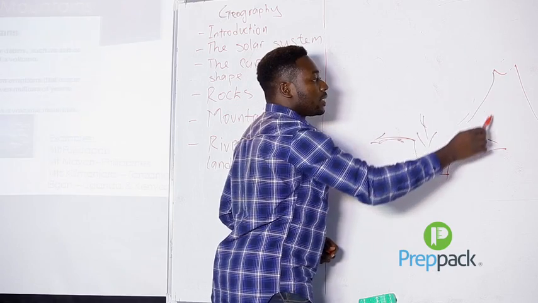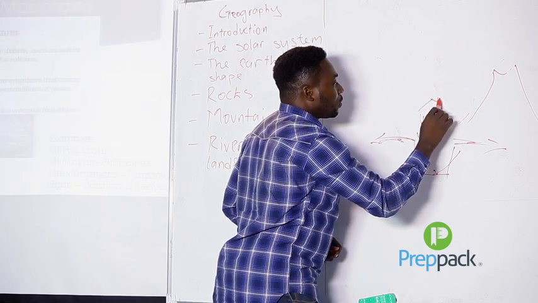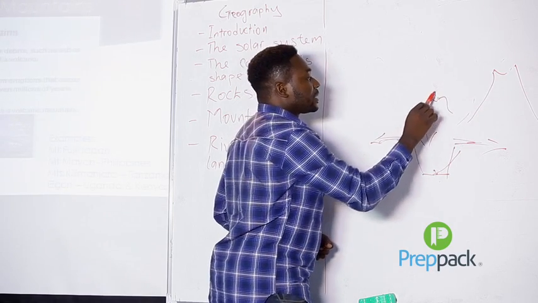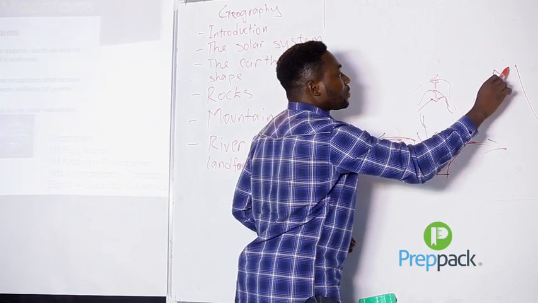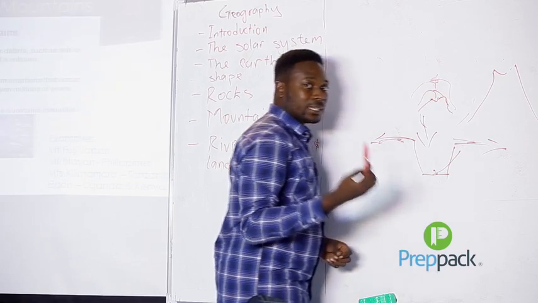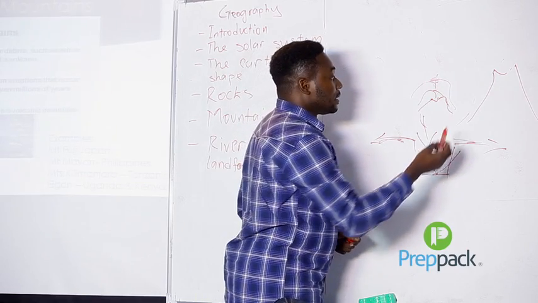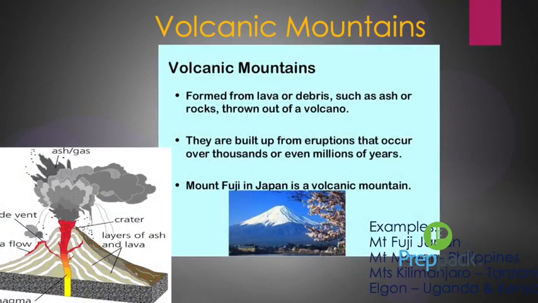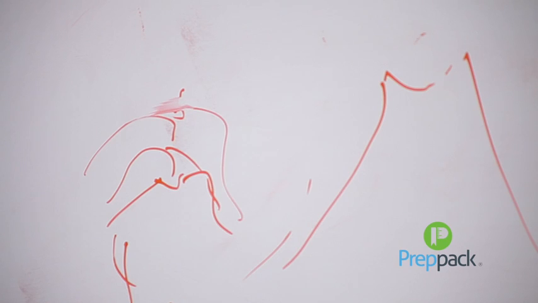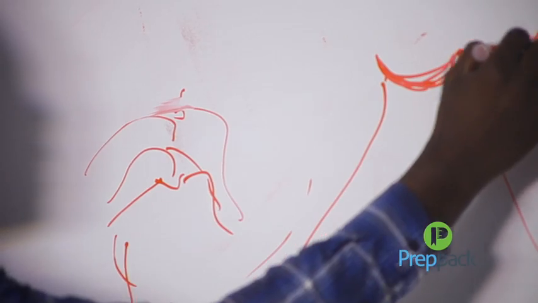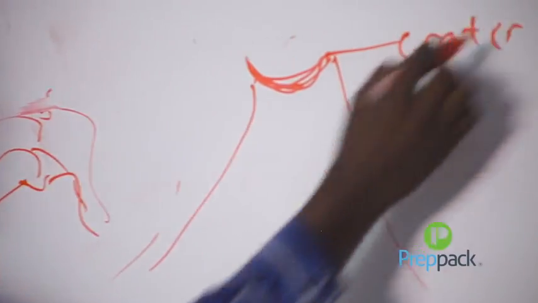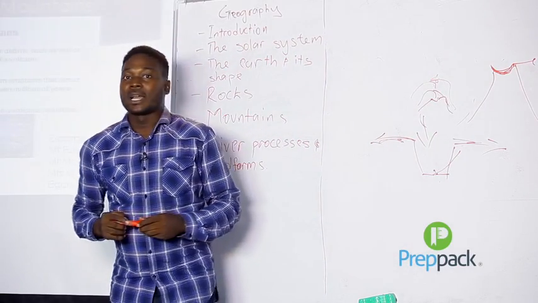In the long run, from maybe this point when it was just a little, it keeps increasing and increasing, and at the end of the day, we have something as high as a mountain. This is what we call the volcanic mountain. This part where everything comes out from is what we call the crater. The crater is the entrance, the mouth of a volcano.